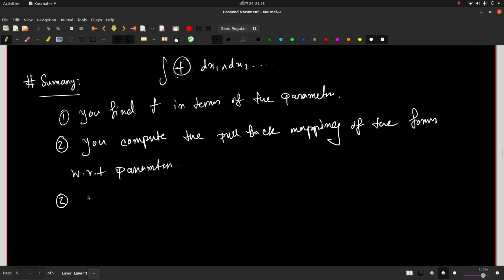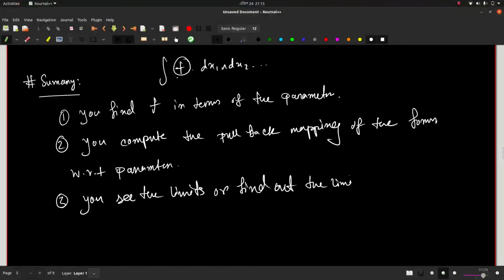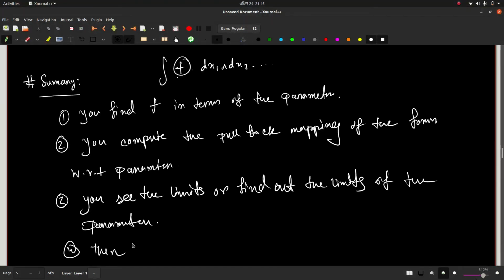Third, you see the limits, or find out the limits, of the parameter. Then you just integrate it.